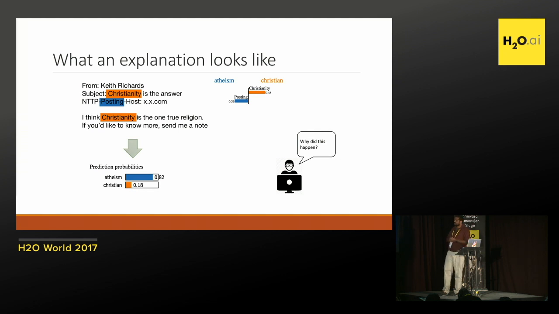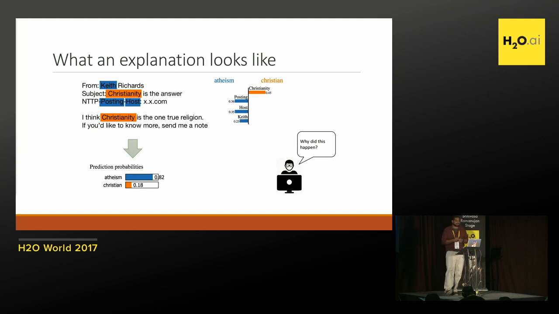The second word that seems to be important is the word posting, which happens to be in the header. And the model thinks that that really indicates atheism. In fact, the second word is the word host, which also appears in this header, and that's also indicative of atheism.